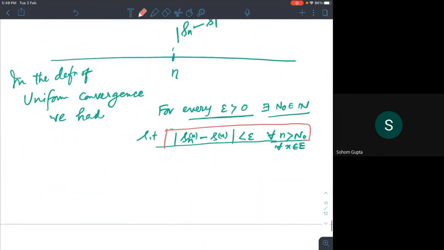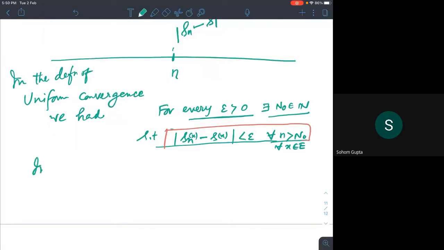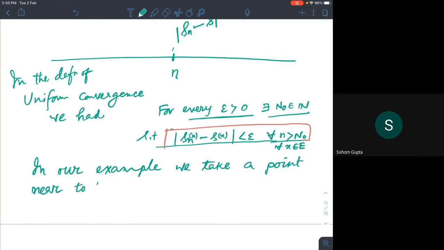In our example, we take a point near the origin, near to 0. All right, not exactly 0, but near 0.